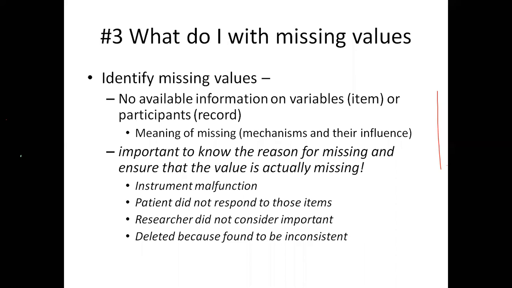For instance, if you asked about income and someone didn't want to answer, you might have a missing value for income for that patient. And likewise, the researcher may think that income is not an important question, and he or she may not actually ask that question to the patient. So then you would have missing information on that variable.